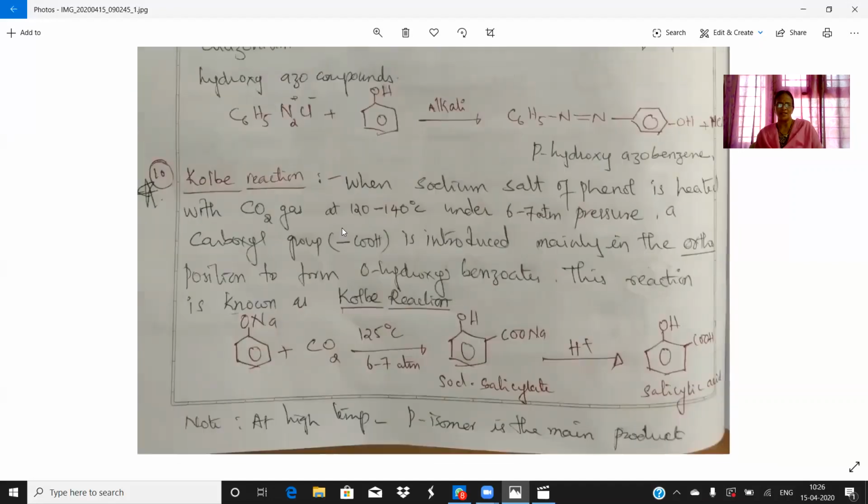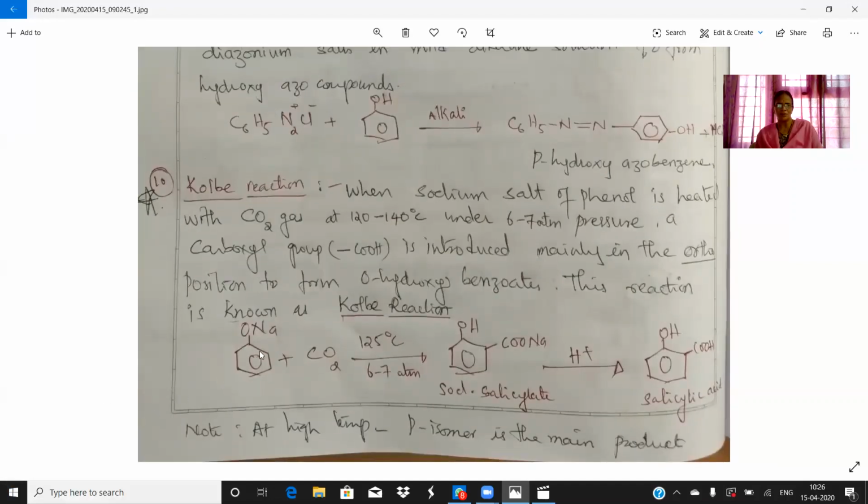In the Kolbe reaction, let us see this. This is sodium phenoxide, the sodium salt of phenol we started with. To this, carbon dioxide gas is added on heating to 125 degrees centigrade at about 6 to 7 atmosphere pressure. Then we get this compound, which is not salicylic acid; it is the sodium salt of salicylic acid, that is, sodium salicylate.